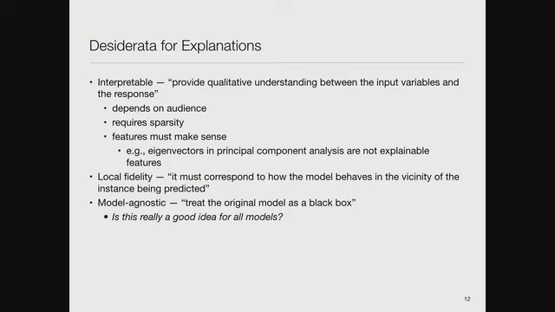And their third criterion, which I think is a little iffier, is that it must be model agnostic. In other words, you can't take advantage of anything you know that is specific about the structure of the model, the way you trained it, anything like that. It has to be a general purpose explainer that works on any kind of complicated model. Yeah.